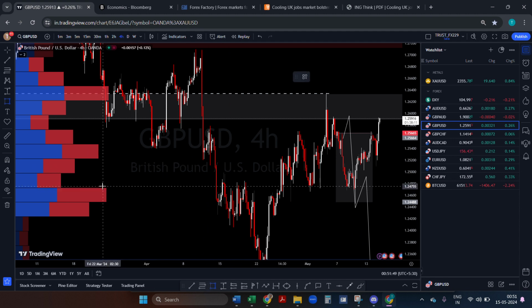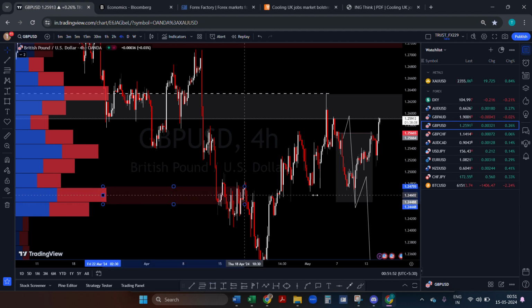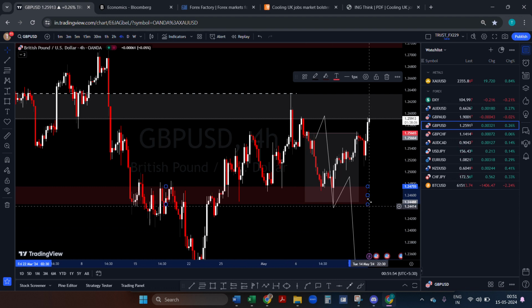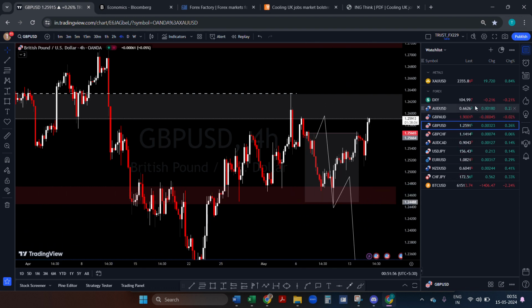Technically, we had some volume spike over here again. So this was a good 1 to 2 trade.